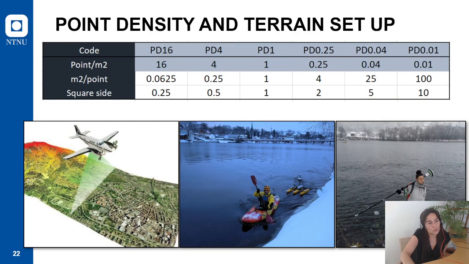And I want to also point out that even if PD0.01 means we have 1 point every 10 meters, this is also very optimistic, meaning that if we have a very large river like this one, Nidelva, that we have in these pictures, there are some areas where it might be very difficult to get a point. Maybe because it is too deep, maybe because velocities are too high and we cannot get there easily.